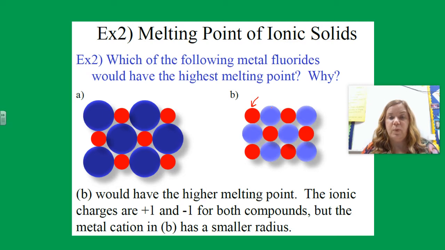When they're closer together and smaller, you're thinking about the Coulombic attraction from one part of the nucleus to the other, and that distance is much smaller. Therefore, you're going to have a higher Coulombic attraction over here. So B is going to have a higher melting point.